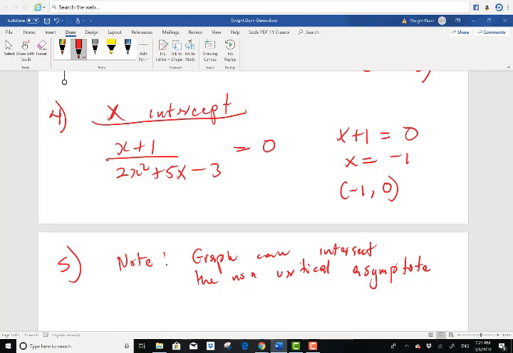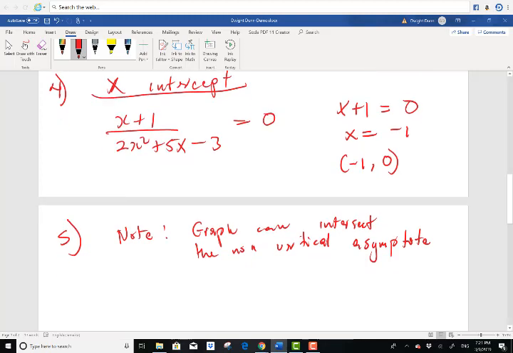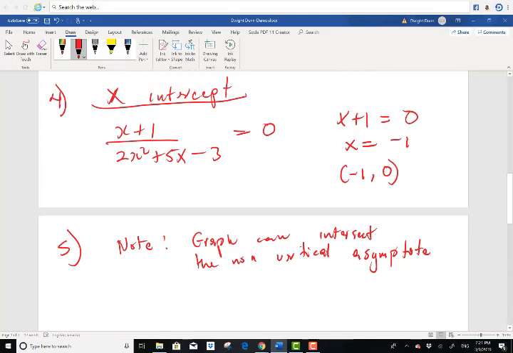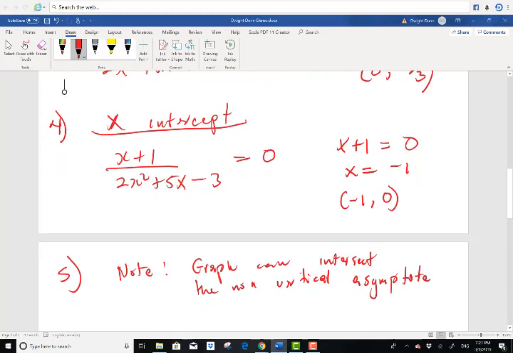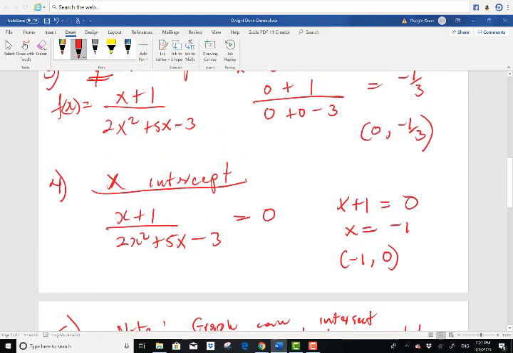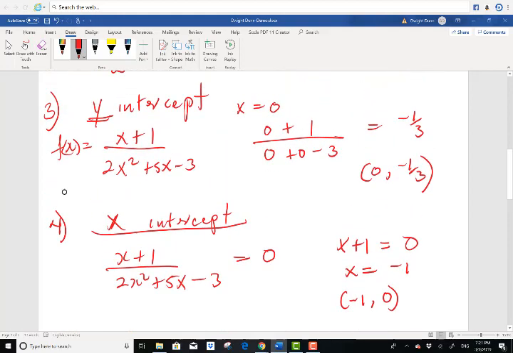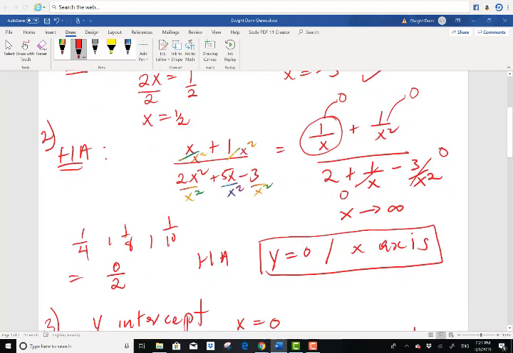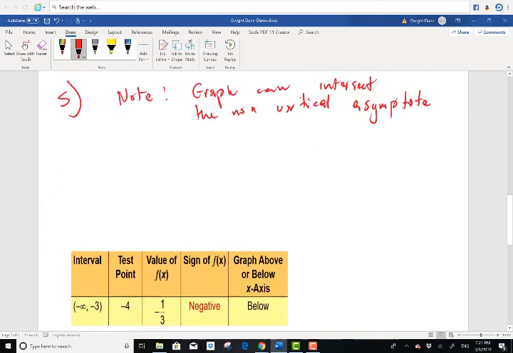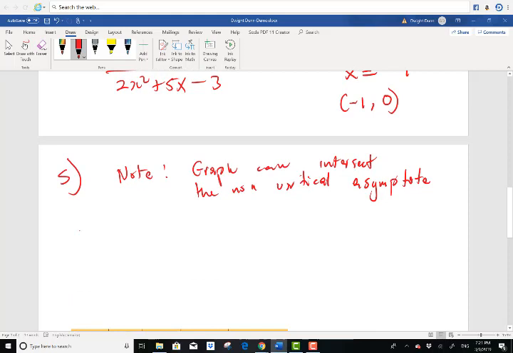So the graph can intersect the non-vertical asymptote. To figure out if it does, what we normally do is set the function equal to the non-vertical asymptote. And the non-vertical asymptote, if we back up real quick, is the horizontal asymptote, which we identified to be 0. So the non-vertical asymptote would actually be y equals 0. That would be my equation, which is the horizontal asymptote.